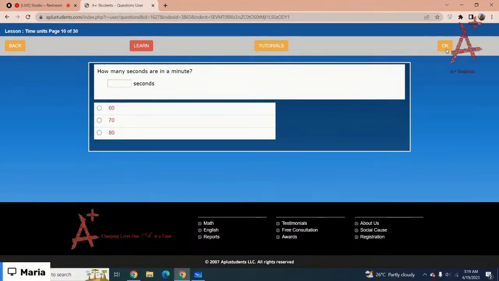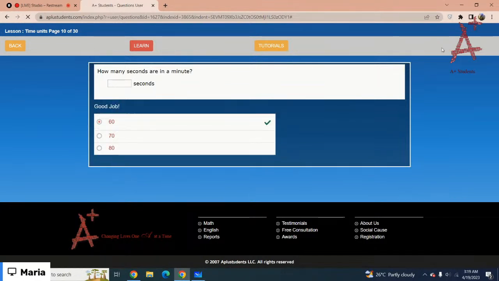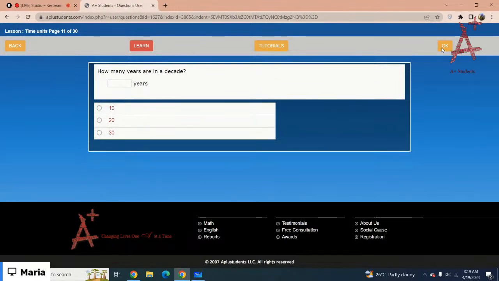How many seconds are in a minute? So, in 1 minute, we have 60 seconds. Got it? How many years are in a decade? In a decade, you have just 10 years. Got it?